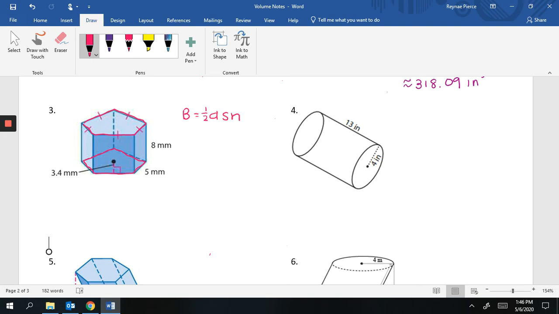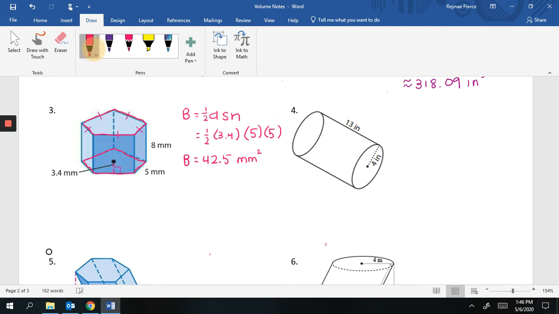The apothem of this pentagon is 3.4. The side length is 5, and there are 5 sides. And so the area of one of these bases is 42.5 square millimeters.